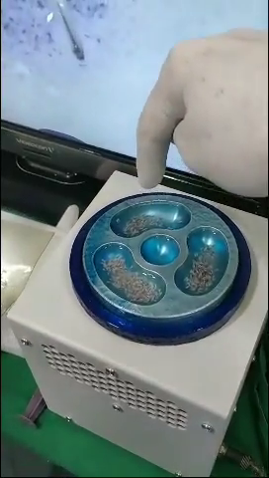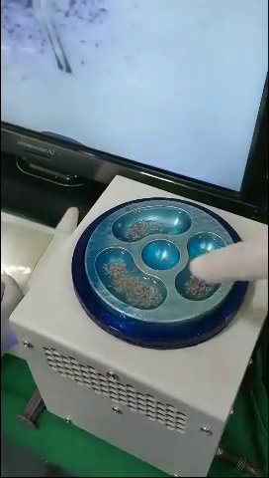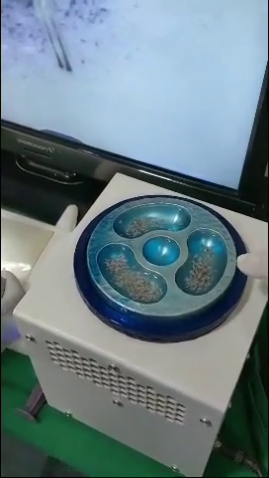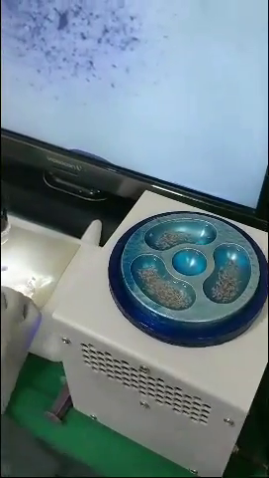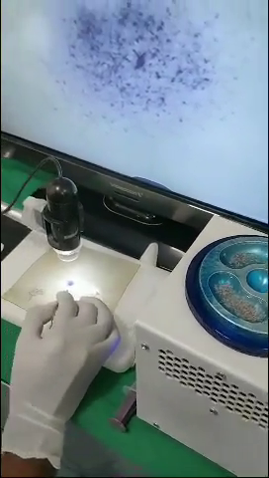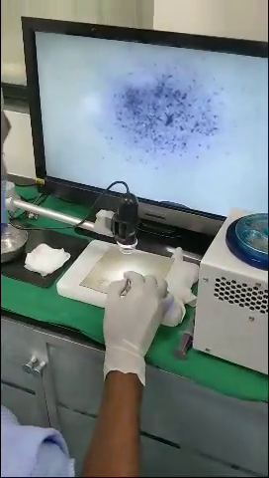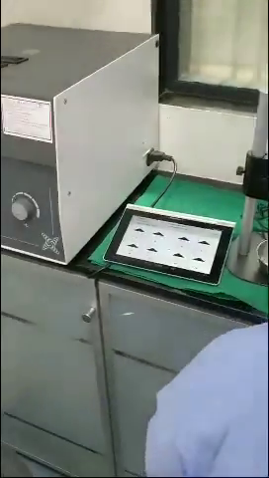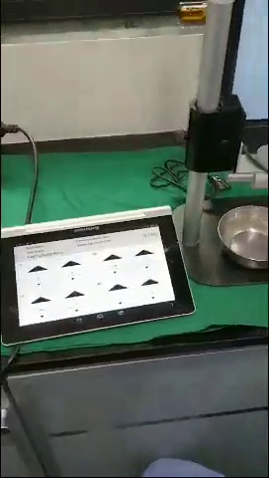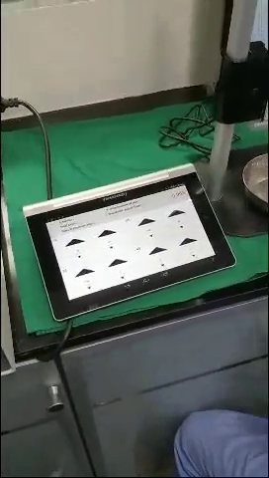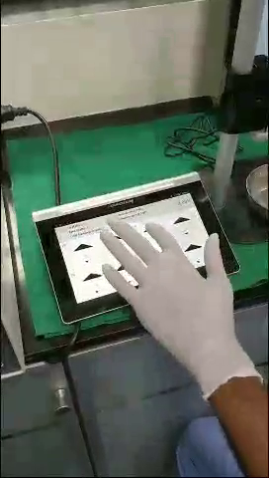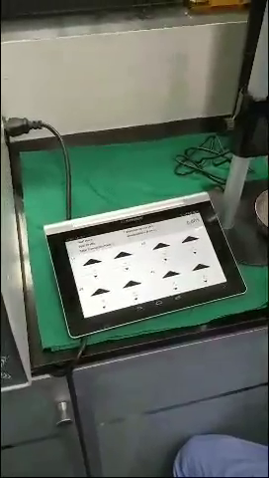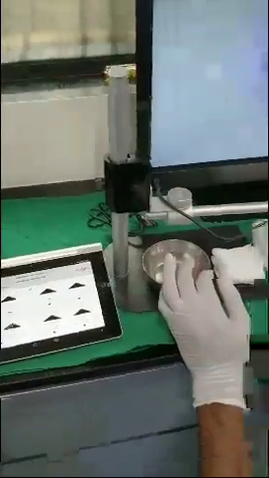Like this is the single hair follicle chamber, 2 hair follicle chamber, 3 hair follicle chamber, and this count is recorded into software which we have developed, and everything is mentioned in this tab, including the transection rate for the follicles.